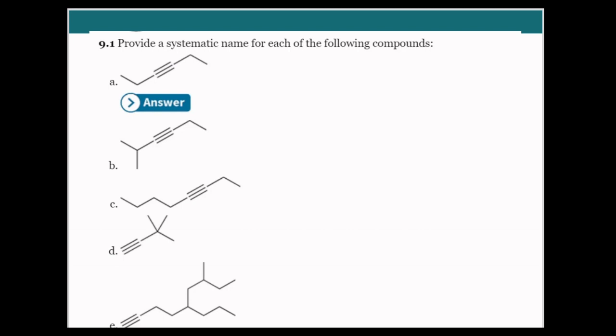For the first molecule, molecule A, let's go ahead and name this one. So I'm going to redraw it over here. Notice when I'm drawing these molecules, the bond angle between the 2 atoms that are attached to the alkyne is 180 degrees.